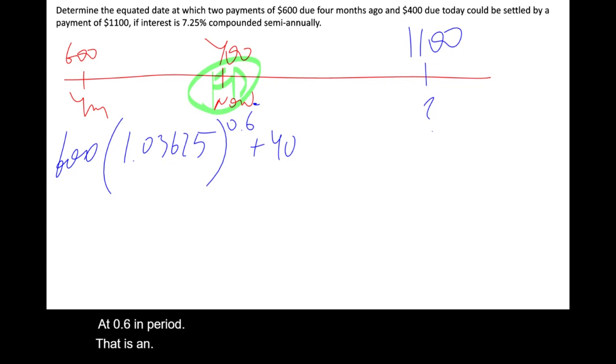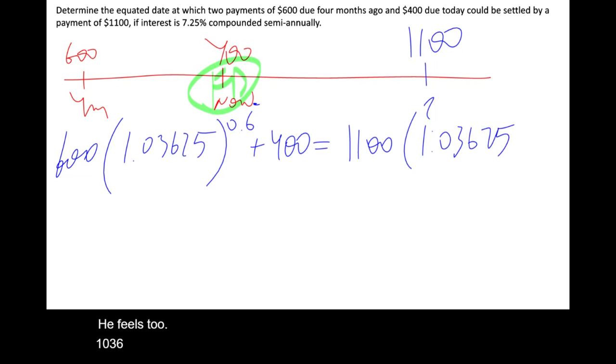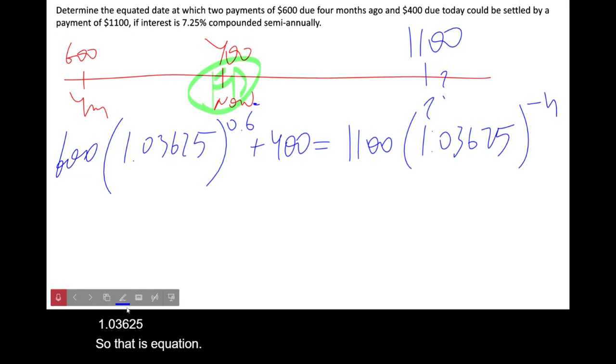Plus 400 equals 1100 times 1.03625 to the power of minus n. So that is the equation. Any questions?